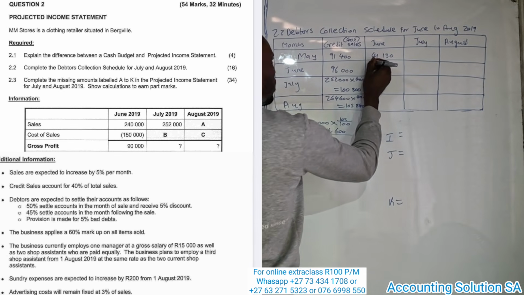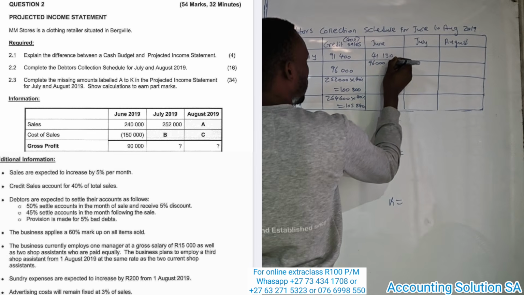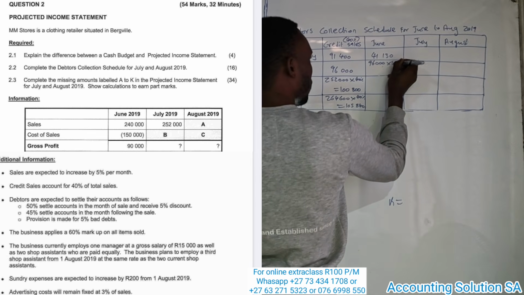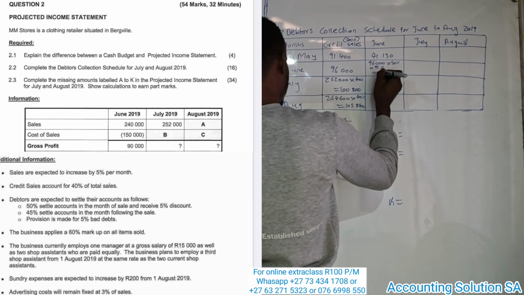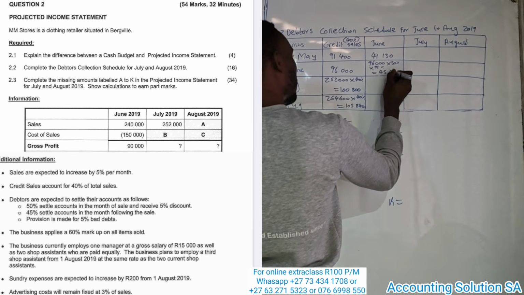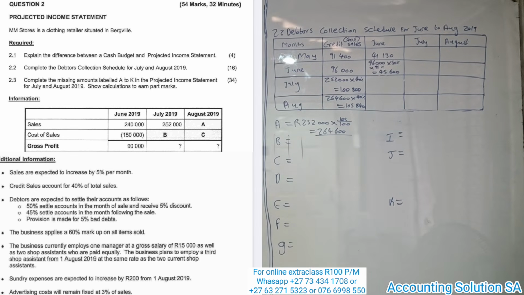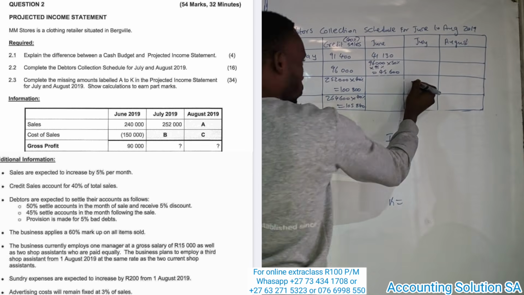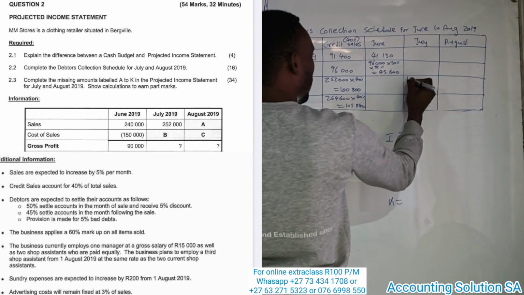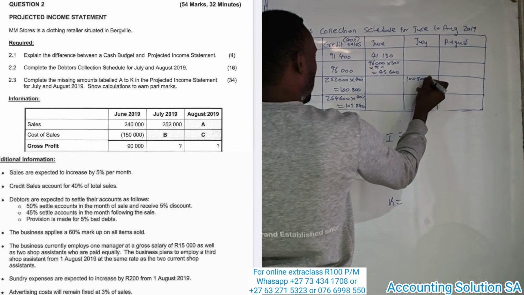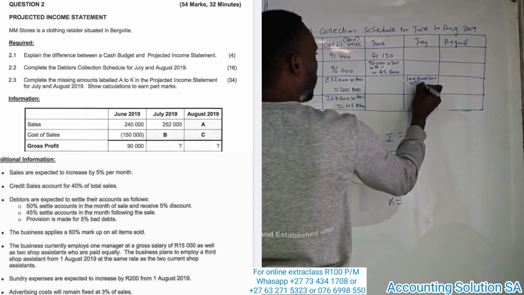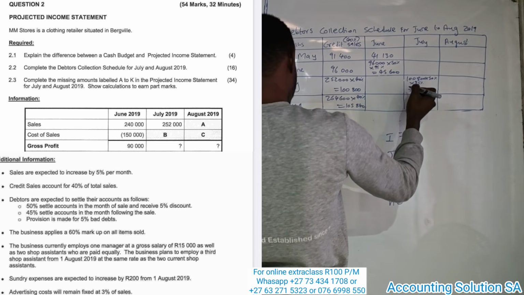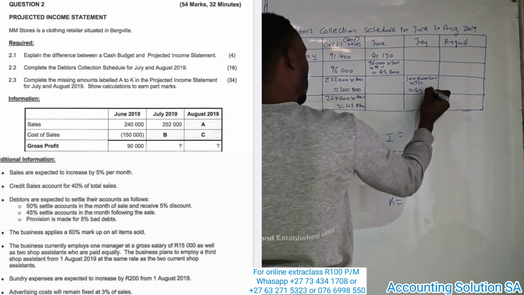We're going to say 96,000 multiplied by 50%, and we multiply by 95% as well for the discount, which is going to give us 45,600. Another same month is July, and July is going to meet here. 100,800 multiplied by 50% multiplied by 95%, which is going to give us 43,200.